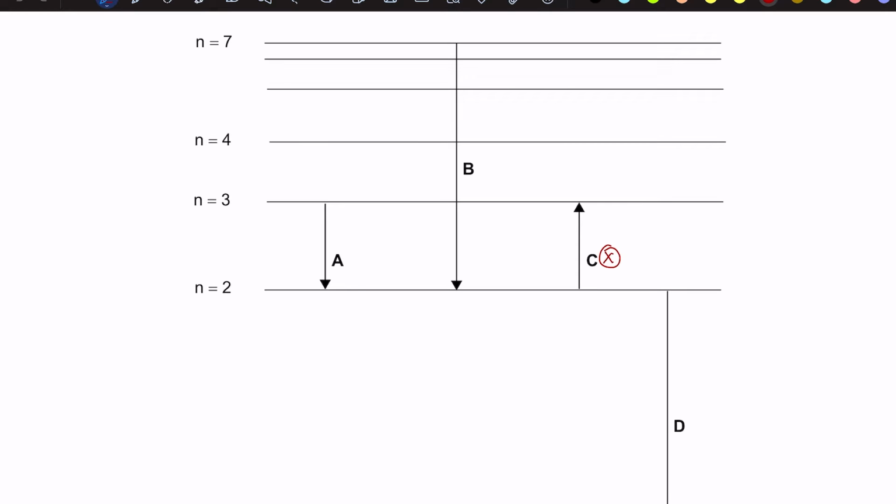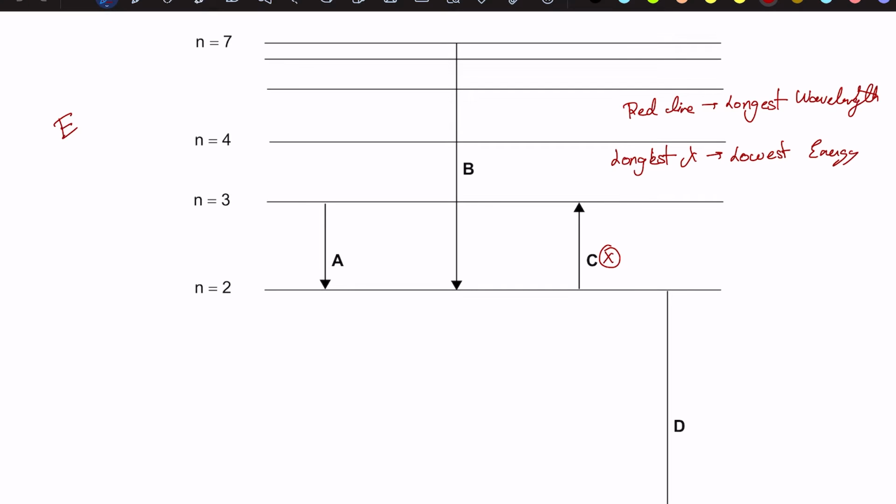Now it says red line. Red line has the longest wavelength in the visible spectrum. Just writing it down: has the longest wavelength. And longest wavelength means lowest energy. Why?